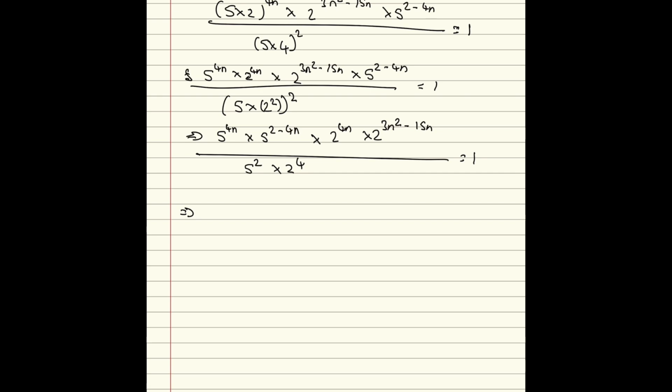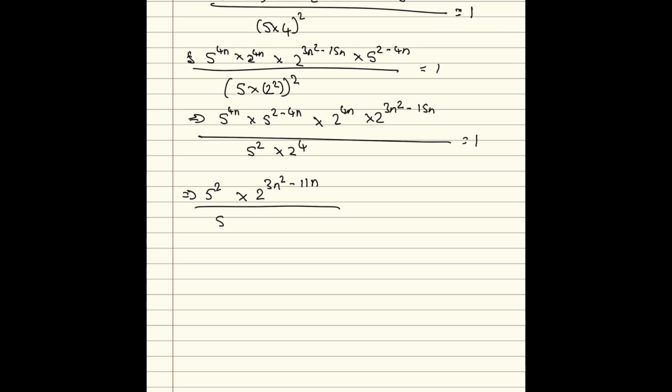Remember when we multiply indices, we have to add the powers. So I've got 5 squared times 2 to the power of 3n squared, take away 11n, all divided by 5 squared times 2 to the power of 4, which equals 1.